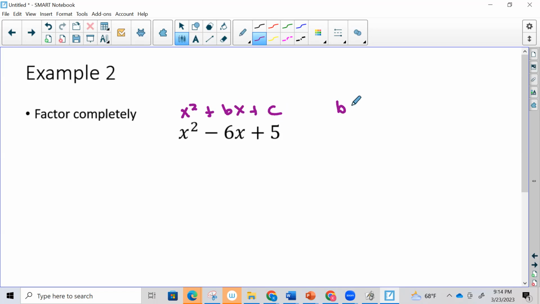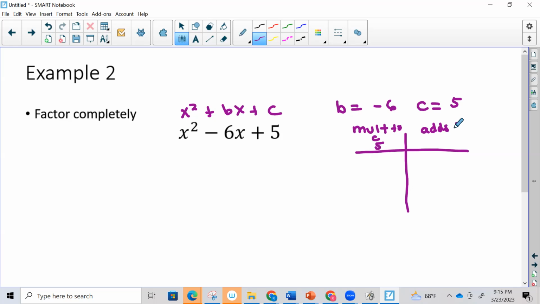The first thing I do is figure out what b and c are. So b is -6 and c is +5. Then I'm going to make my table. Again, if you can do this without it, that's fine. We put what multiplies to c, which is 5, and adds to b, which is -6.